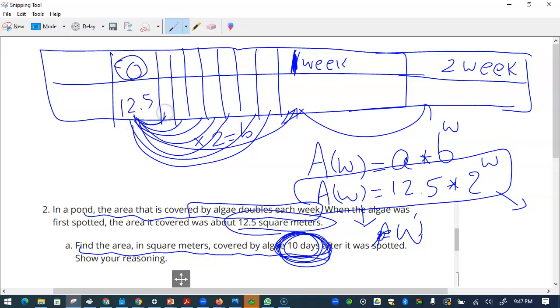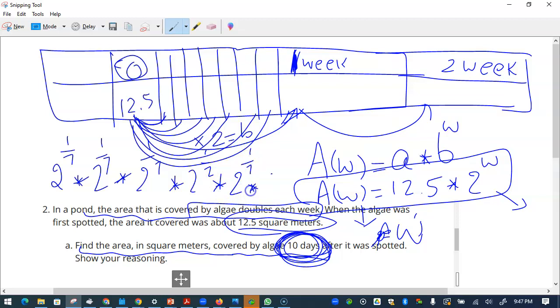We multiply 2 raised to 1 divided by 7, times 2 raised to 1 divided by 7, times 2 raised to 1 divided by 7. There will be 7 of these factors, so every day is 2 raised to 1 over 7. See, 1, 2, 3, 4, 5, and so on.